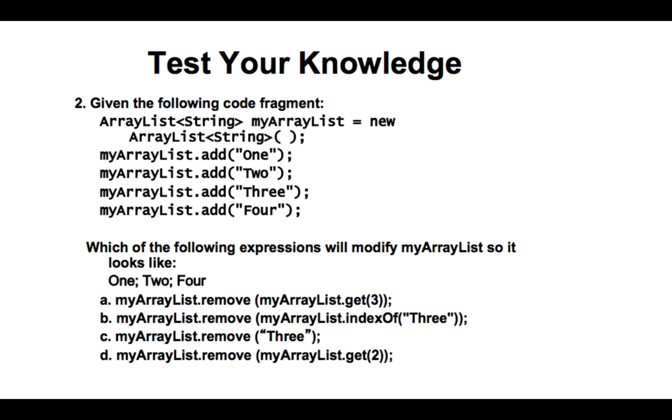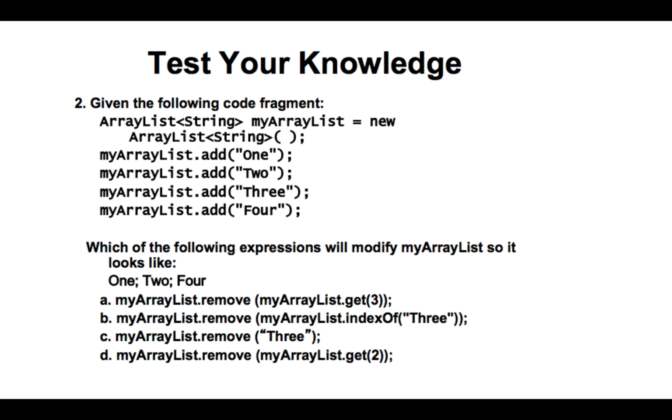Given the following code fragment where this array list, myArrayList, is getting declared and initialized, the next lines are adding strings 1, 2, 3, and 4 to the array list. The question is asking which of the following lines of code will modify myArrayList so it looks like 1, 2, 4. So in general, it's asking to remove the element located at index 2, or the string 3.